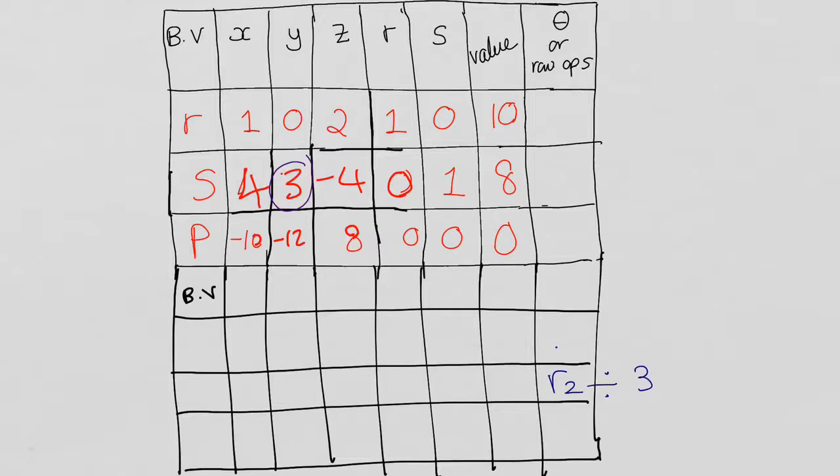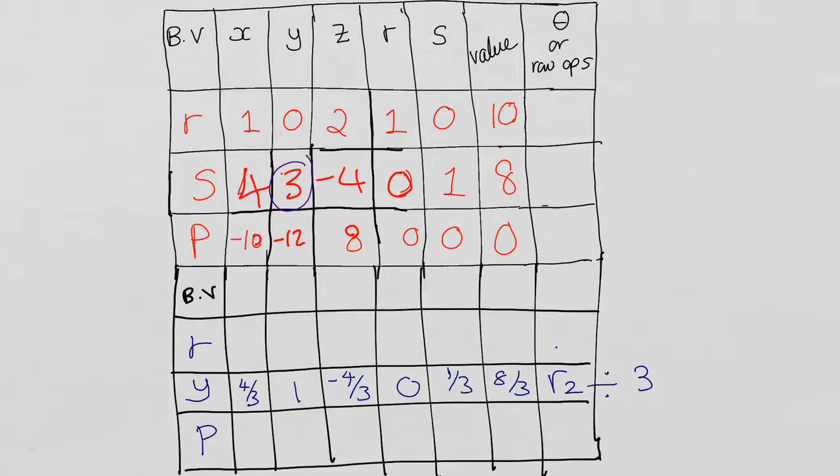So I'm taking all of that second row and dividing it by 3. And I'm also going to take this opportunity to replace my s with y. 4/3, 1, minus 4/3, 0, 1/3 and 8/3. Brilliant, beautiful numbers here. Okay, that's going to stay as R and that's going to stay as P.